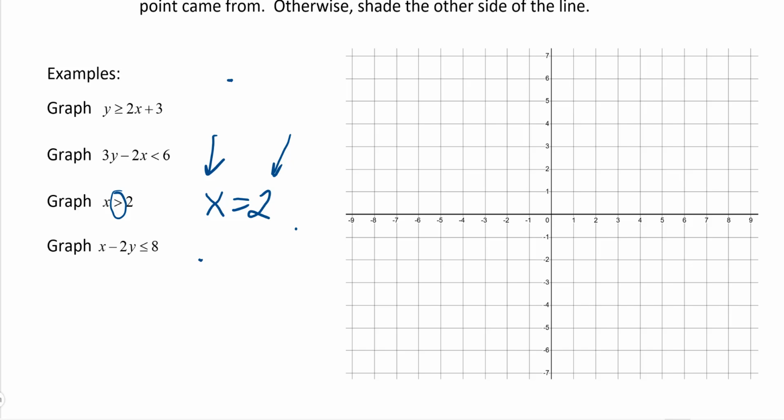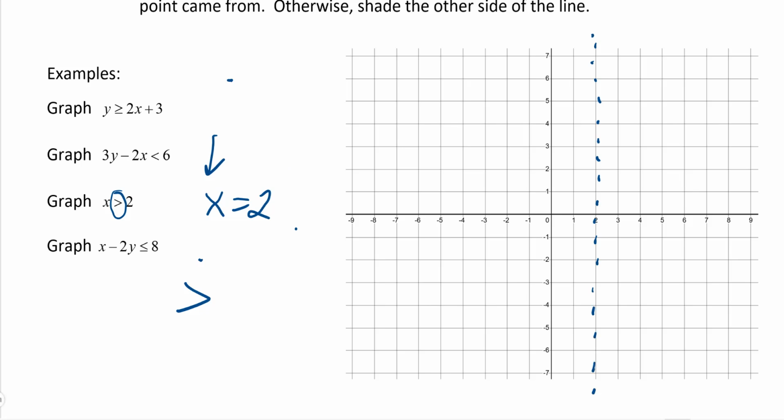We're going to draw a dotted line. If it had been x is greater than or equal to 2, then we would have drawn a solid line. But since it's just greater than, we're going to draw a dotted line. So a vertical line at 2, but a dotted vertical line.